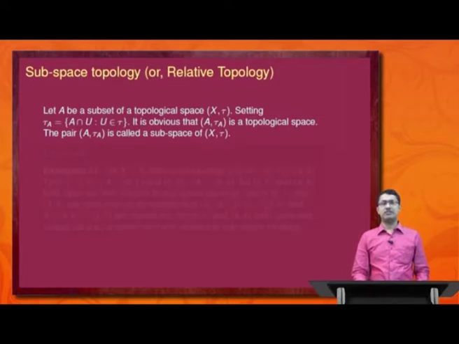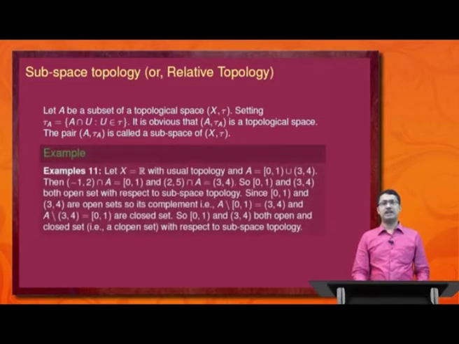Let us look at an example. Example 11: let X be R with respect to the usual topology. We consider the set A equal to [0, 1) union (3, 4). Then the open interval (-1, 2) intersection A is nothing but [0, 1).